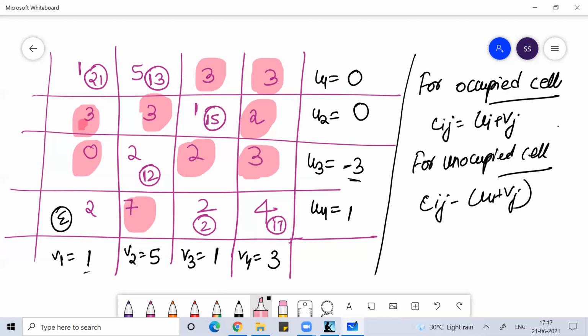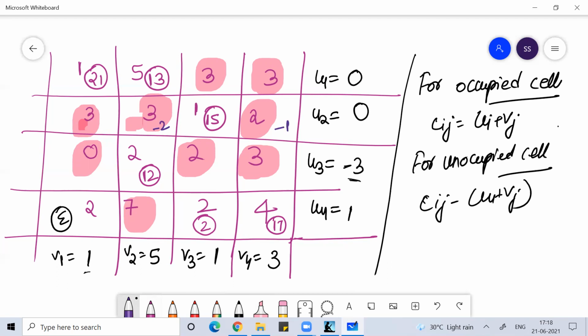Now for the unoccupied cells, you see A13, correct, positive you are getting. A14, 3 minus 3, 0, correct. Then A21, 3 minus 1. Then A22, 5, you are getting negative here. So this is 5 minus 2, this is minus 2. Then this is 3, this is minus 1.